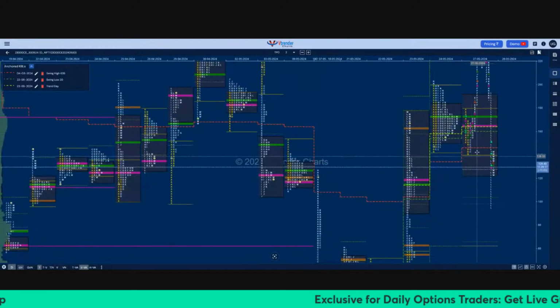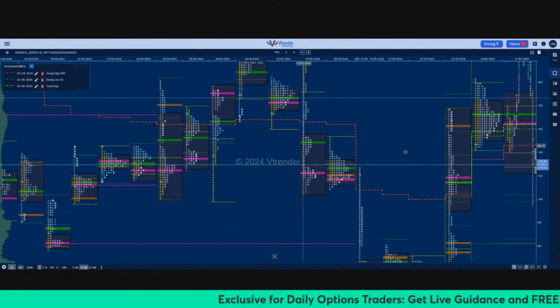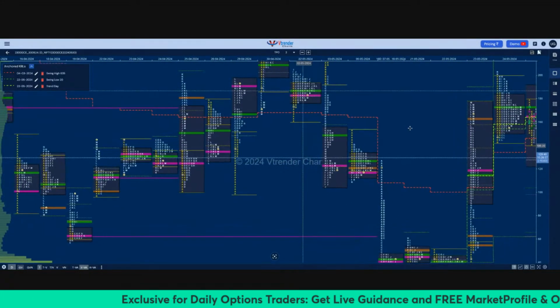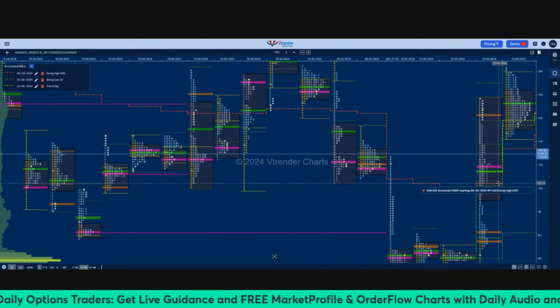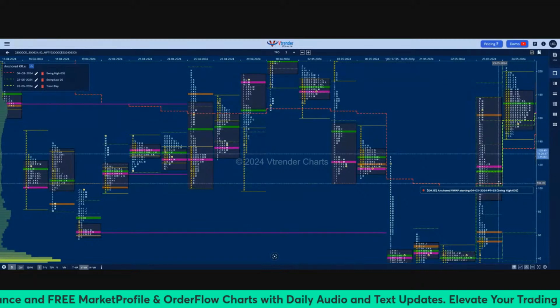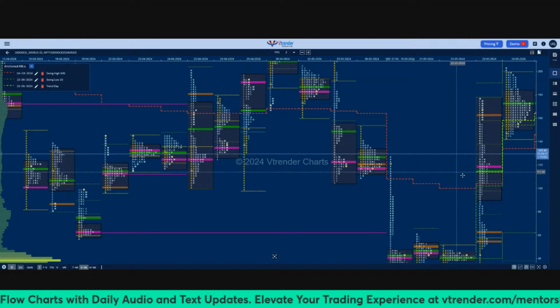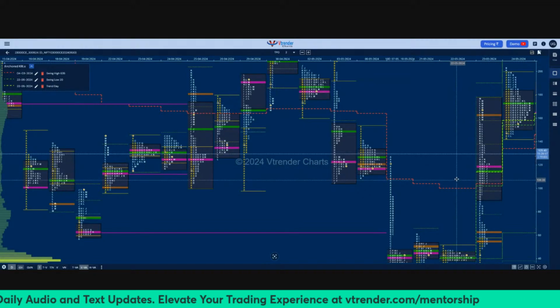So as we can see, the 22nd, 23rd of May was the first time we closed above this anchored VWAP from that swing high. So that was telling us that we are looking for more upside in this call.